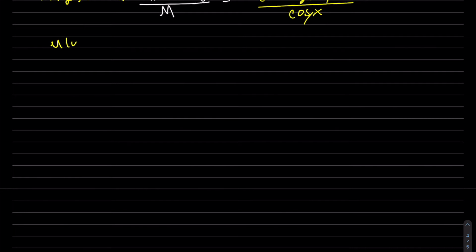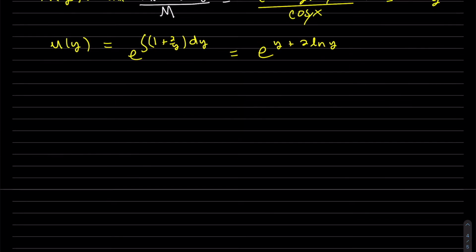Mu of y, don't forget it's an integrating factor, it has e in it. E to the integral of that we just found, and it's dy. Plus 2 natural log of y. And so we're going to use our properties here.